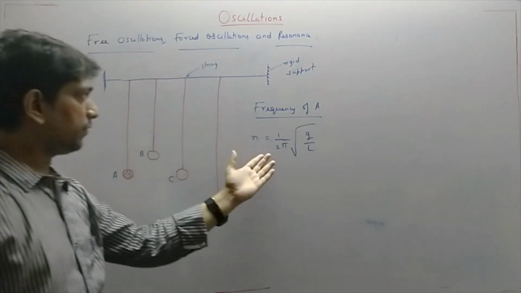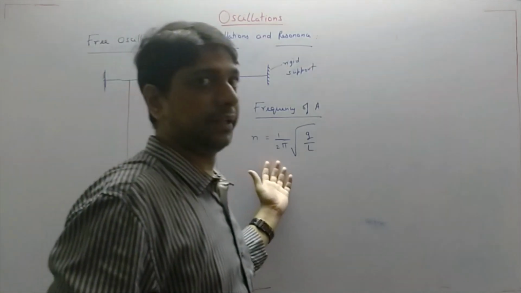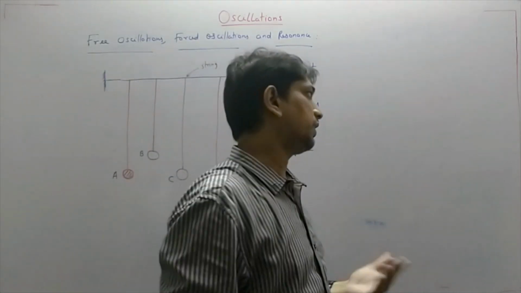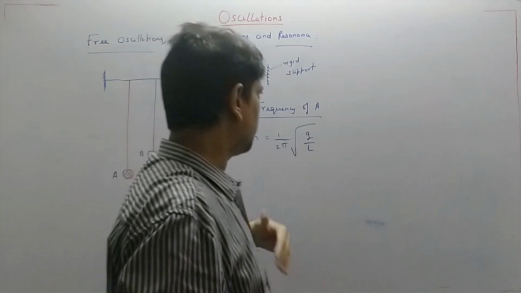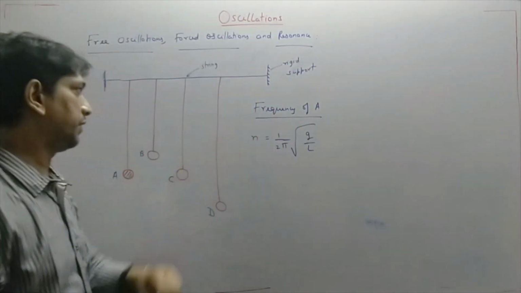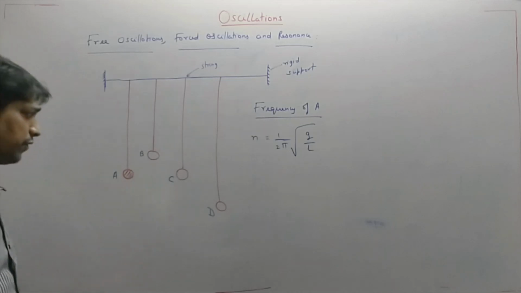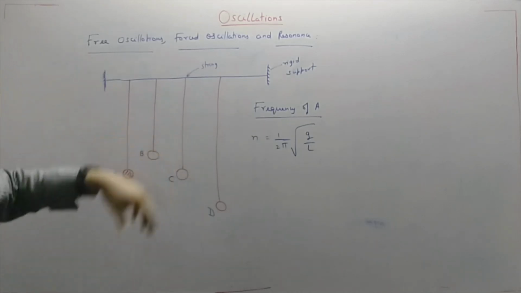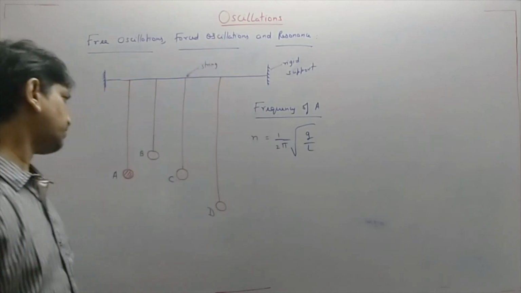We can change the frequency of A by applying forced vibration also. How can we apply forced vibration? By applying an external periodic force, we can change the frequency of A. Now further, suppose we are taking 4 pendulums attached to the same string.